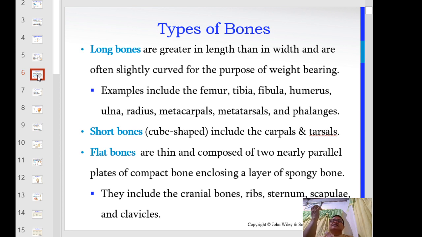Flat bones are thin and have abundant spongy bone. You have cranial bones on the head, the ribs, the sternum in the middle, the scapula, and the clavicle, made up of flat bones with a lot of spongy bone.